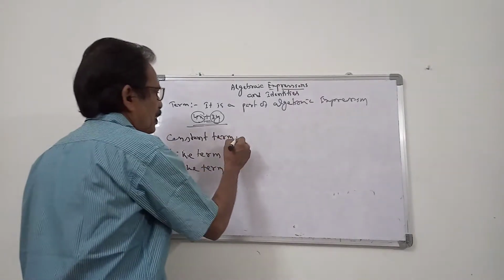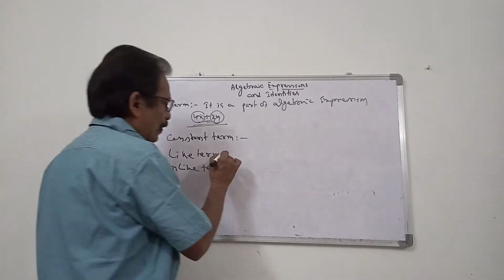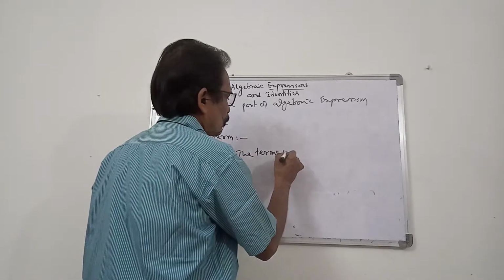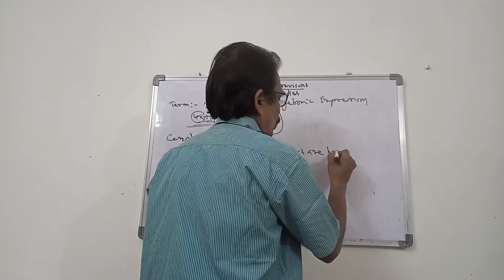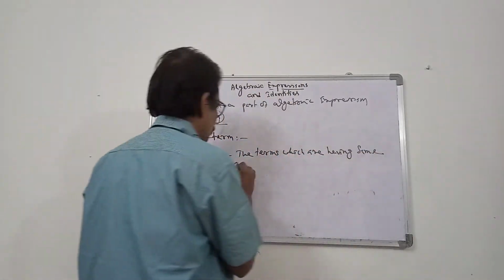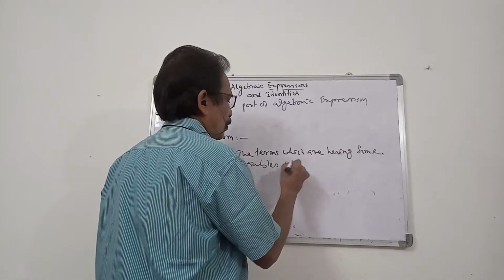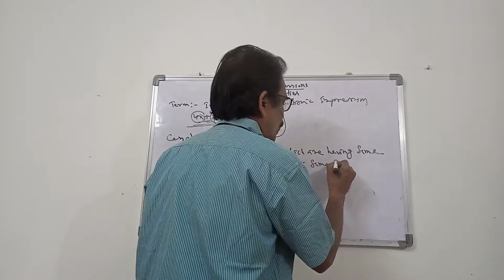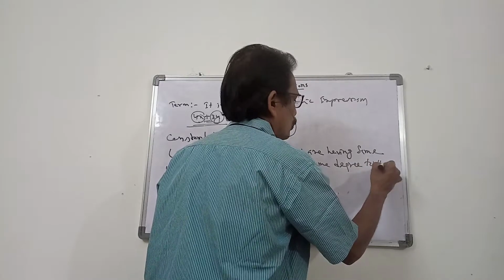And like terms: like terms are the terms which have the same variables with the same degree to the variables.